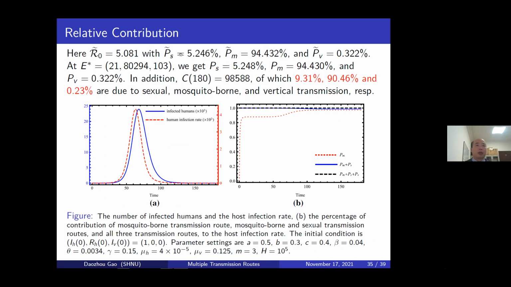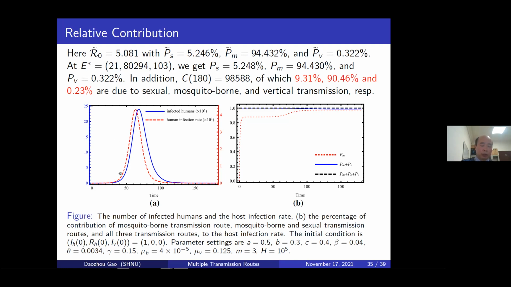The percentage of contribution of each transmission route to the host infections and to the reproduction number are almost the same. Here you can see that the sexual transmission contribution is about 5%, the mosquito-borne transmission is about 94%, but the vertical transmission is only 0.3%. So this is for R0 and the endemic equilibrium.